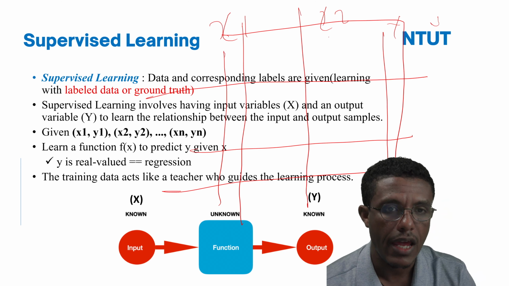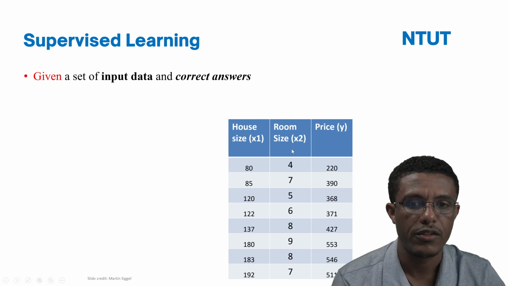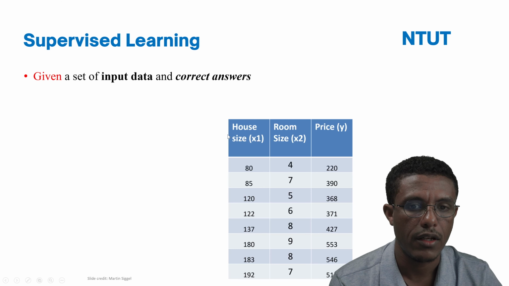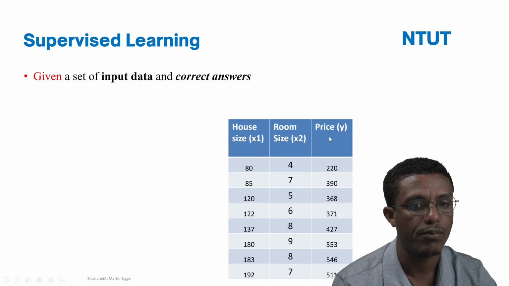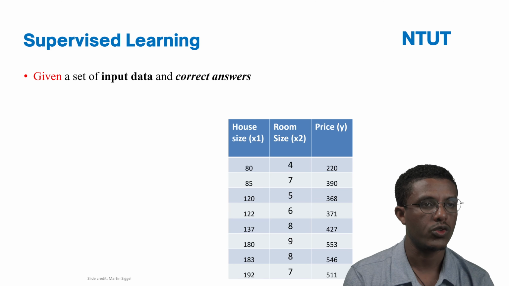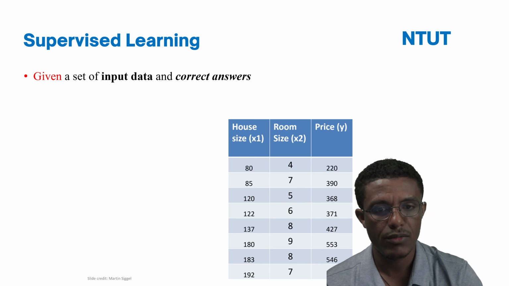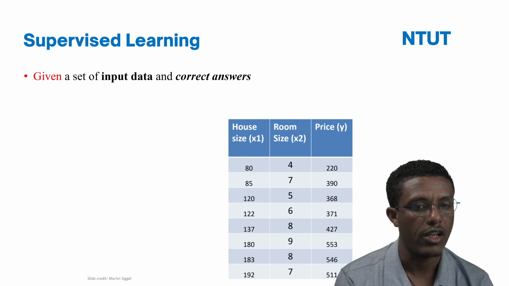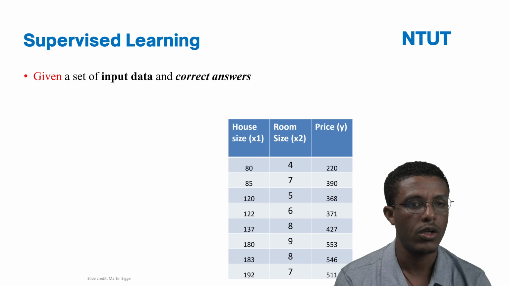For example, house size and room size are input features, and price is the expected output, also called the outputs or the targets that we need to predict using the model. So x1 and x2 are input features, and y is the expected output or target. That is called data labeling.